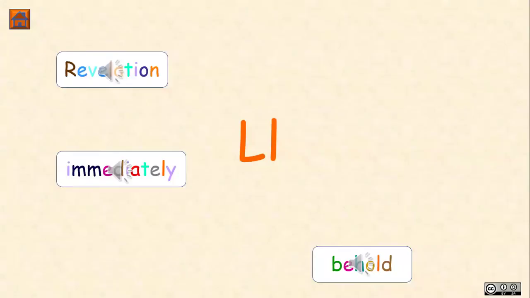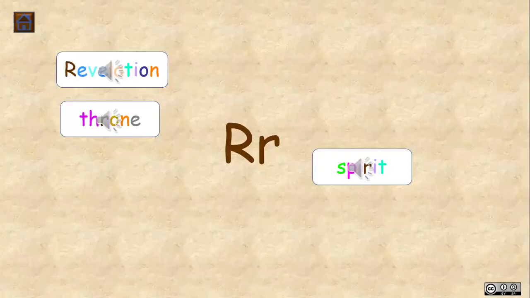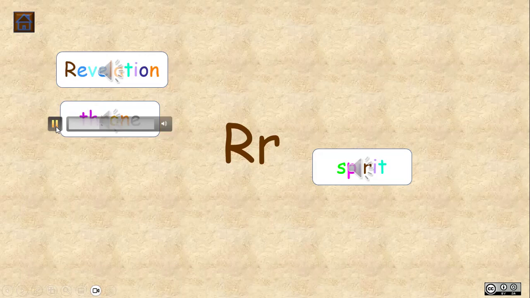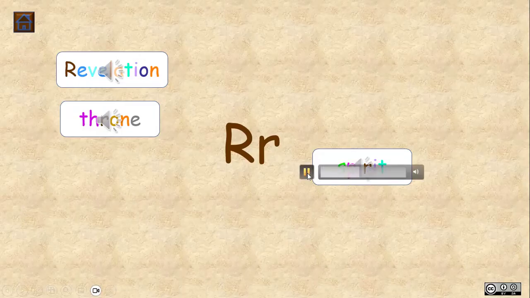The next page is the O page, and it says Revelation and immediately. Next page says Revelation, throne, spirit.